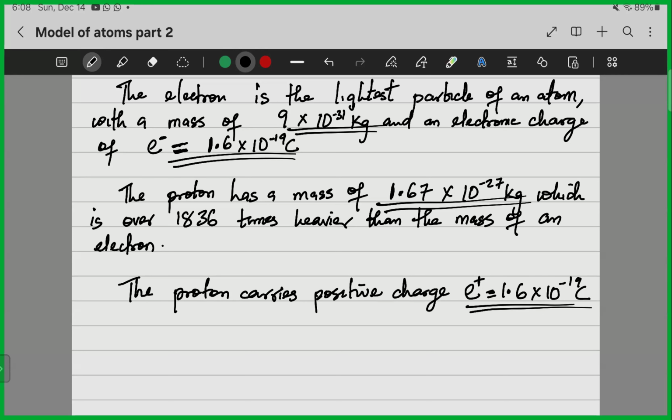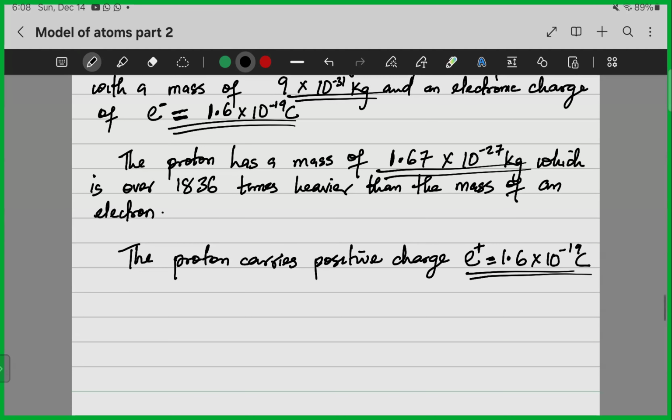Very important. We've written the mass and the charge for a proton.